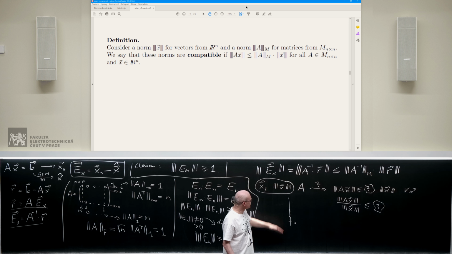So what we really do have is the original system, which I will denote like that. And for the original system, we have equality A naught x naught is equal to B naught. And then we have some other system, which has matrix A and right-hand side B, and the vector x is an actual solution of this modified system.